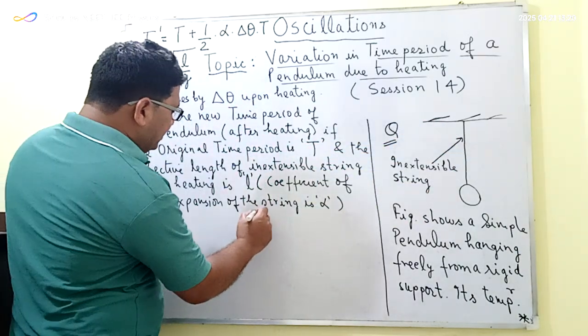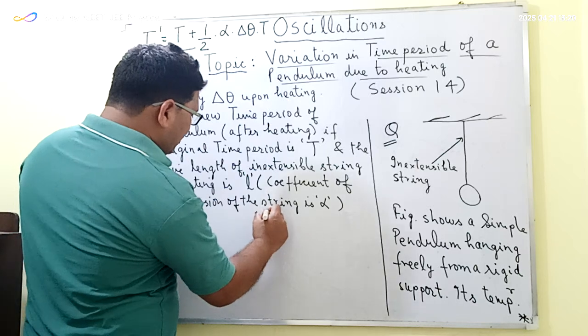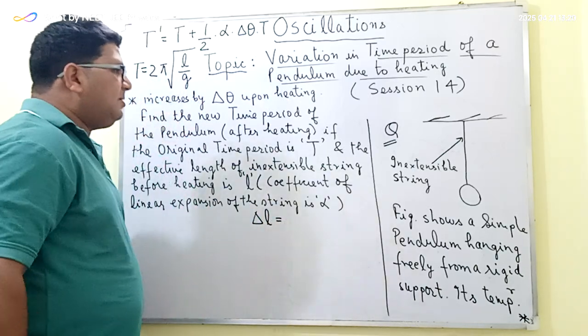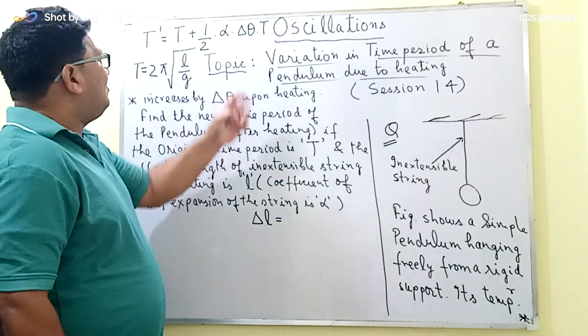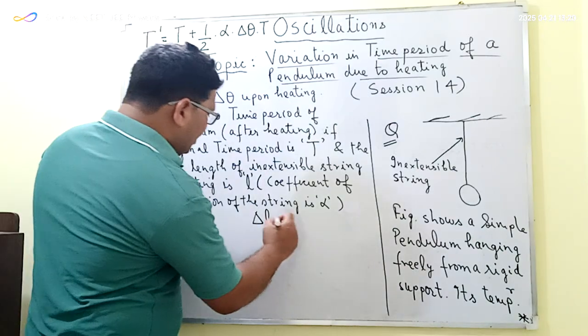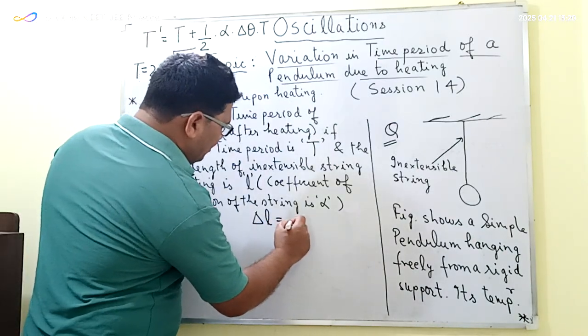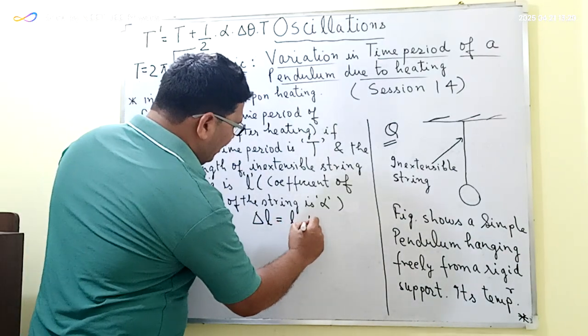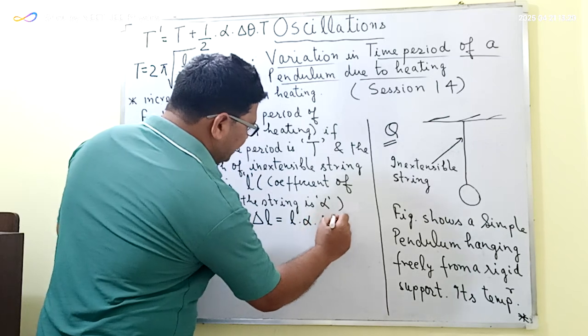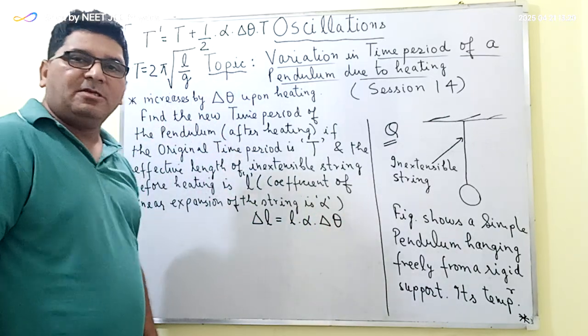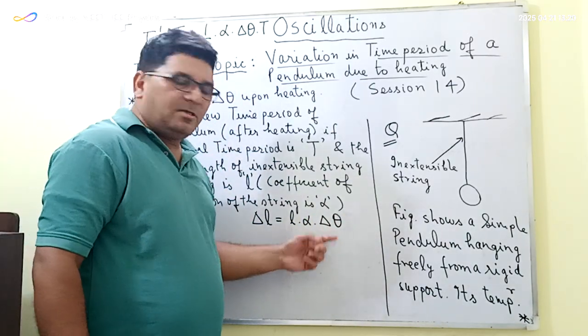Let us say the increase in the length of the string due to the increase in temperature by delta theta is delta L, which will be equal to L into alpha into delta theta, and this is the formula which we have studied in the chapter of heat and thermodynamics.